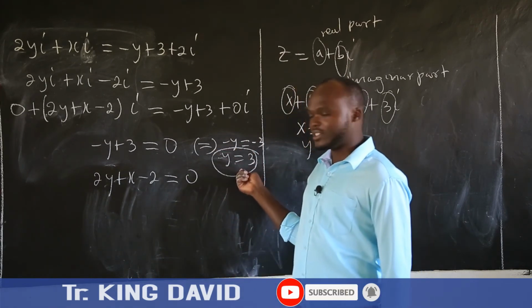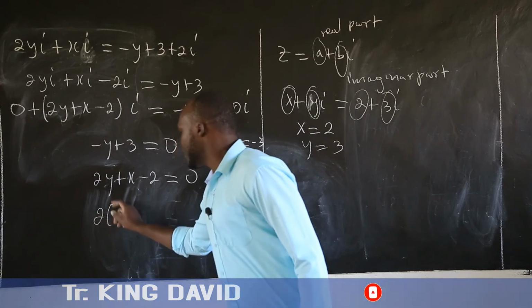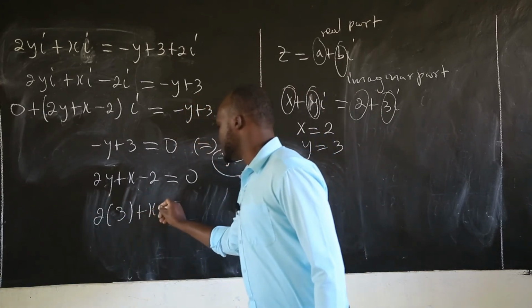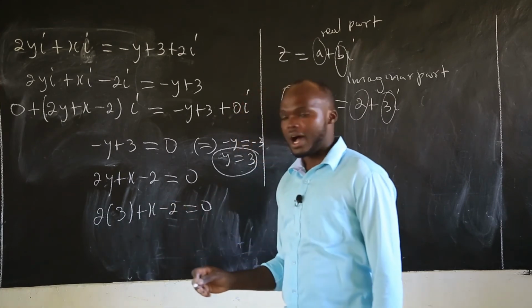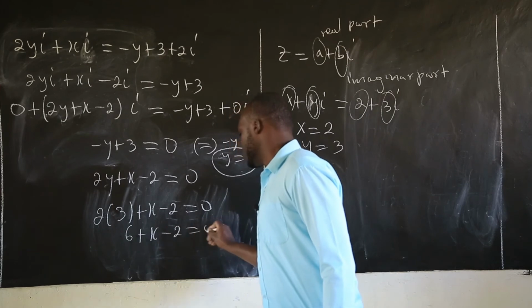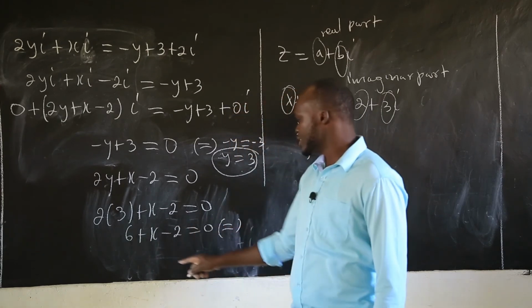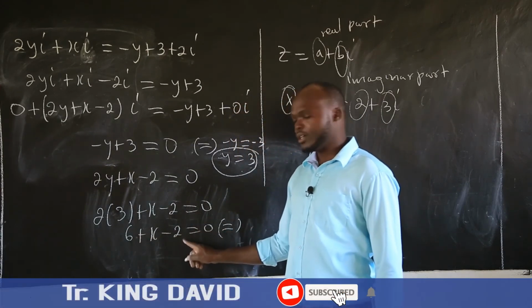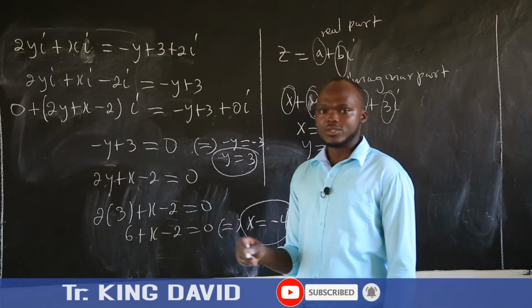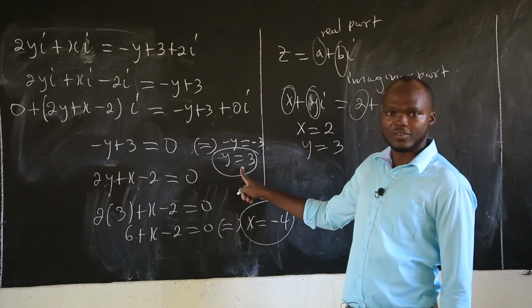After getting the value of y, which is 3, 2 into bracket the value of y, which is 3, plus x minus 2 equal to 0. So now 6 plus x minus 2 equal to 0. This implies that 6 minus 2 is 4, so x will become negative 4. So I have the value of x and I have the value of y.